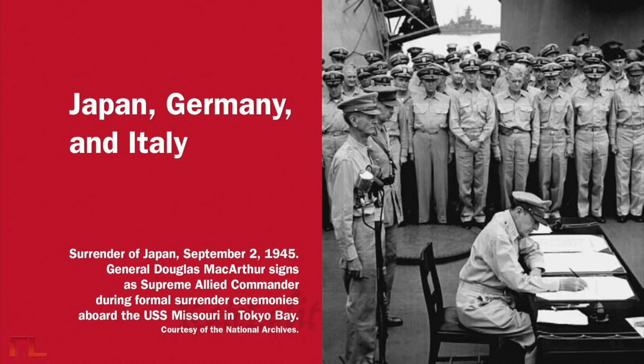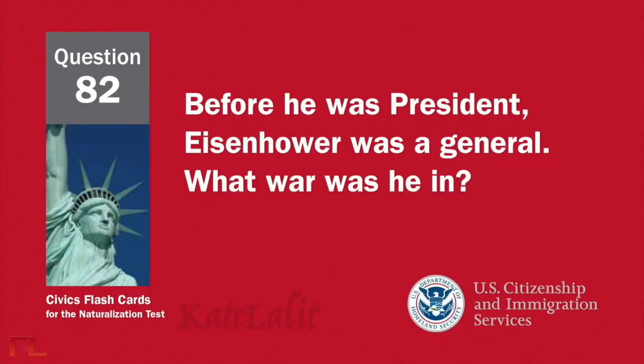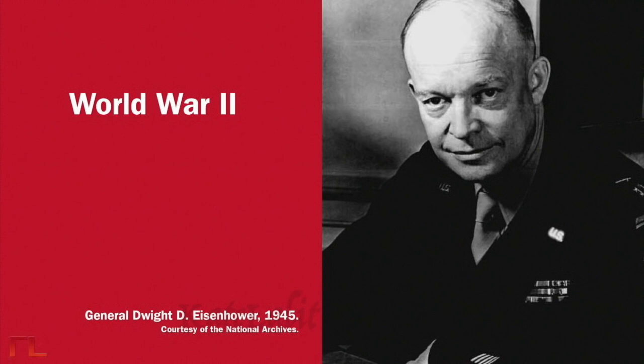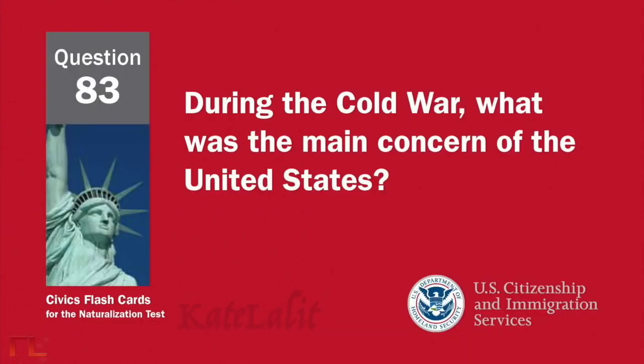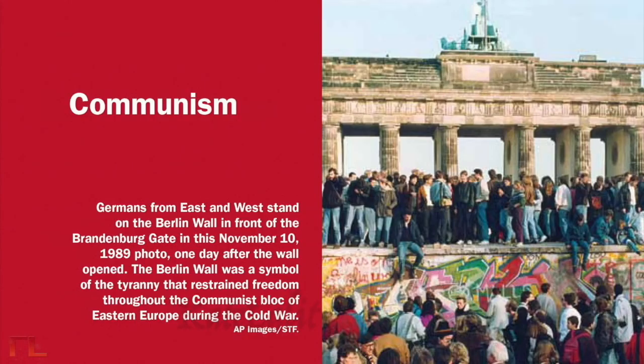Japan, Germany, and Italy. Before he was president, Eisenhower was a general. What war was he in? World War II. During the Cold War, what was the main concern of the United States? Communism.